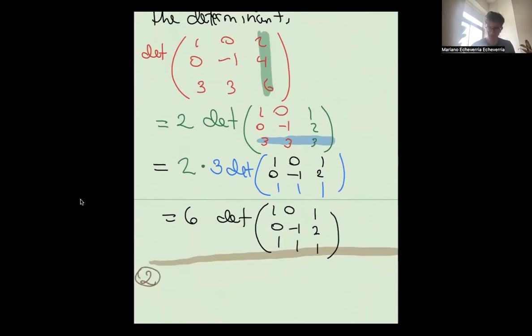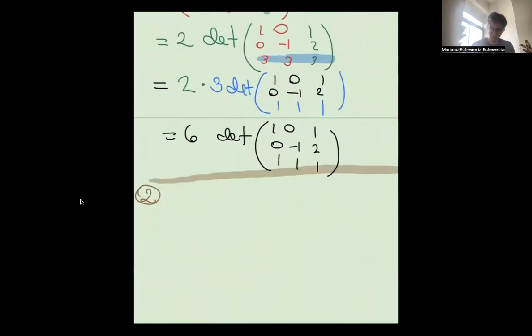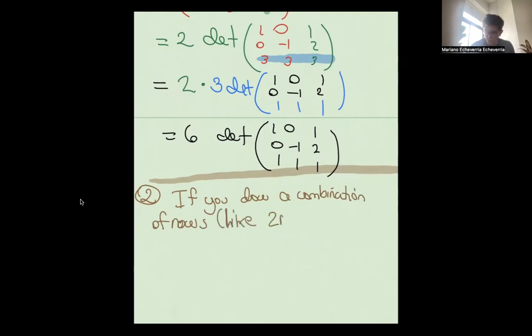So here's property 2. If you do a combination of rows, for example 2 row 1 plus row 3 or something like that, this will preserve the value of the determinant.